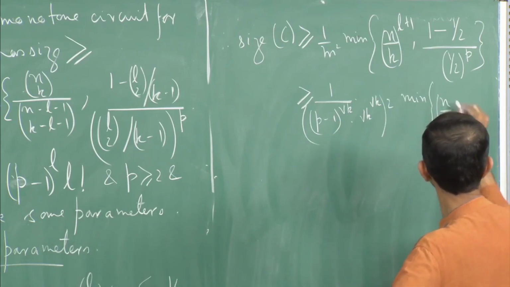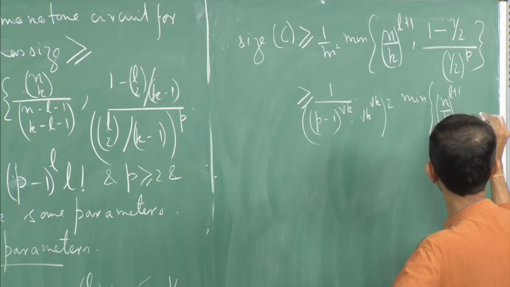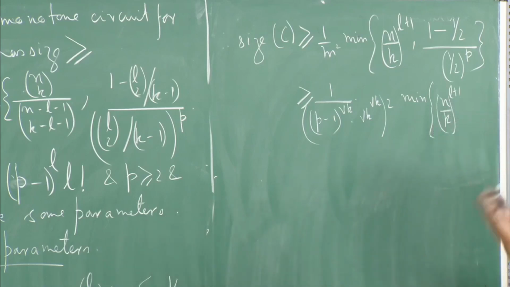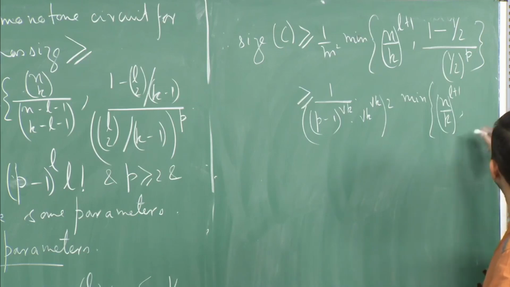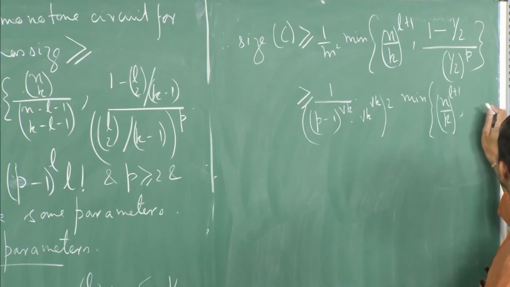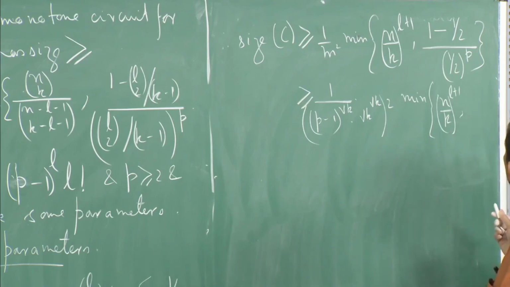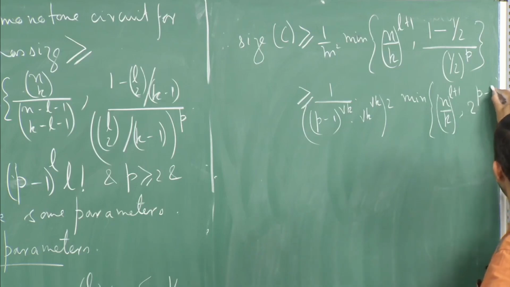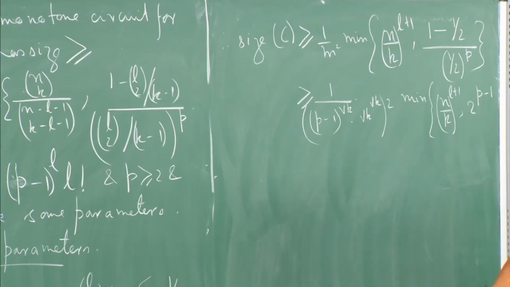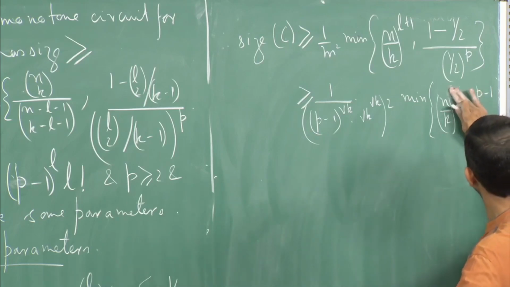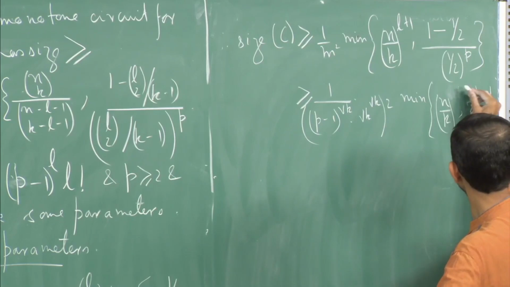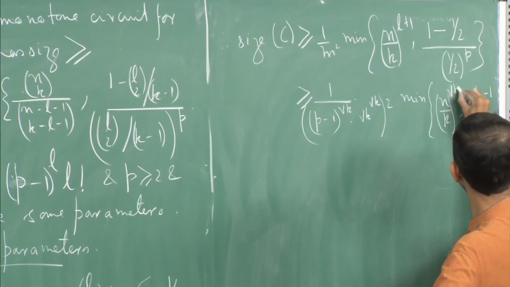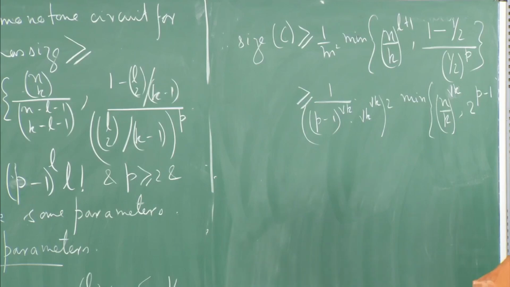N by k to the power L plus 1, comma, two to the power p minus 1. So again L is nothing but root k. So root k plus 1 is of course bigger than root k. So I can write this as root k. Okay.